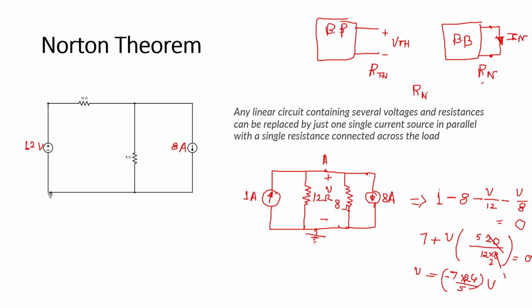So Norton resistance is equal to Thevenin resistance, and Thevenin voltage divided by the Thevenin resistance equals the Norton current. This is the simple relation between Thevenin and Norton theorem.